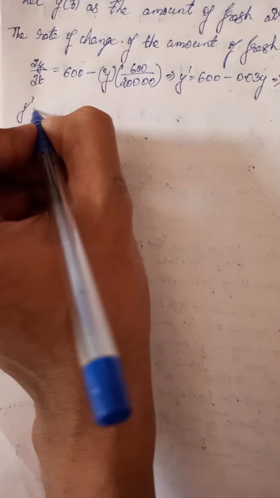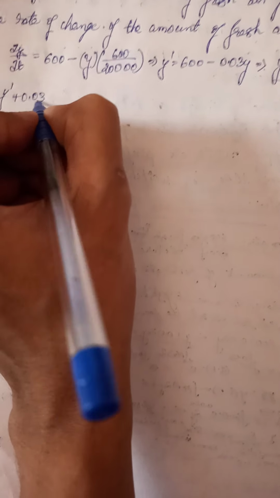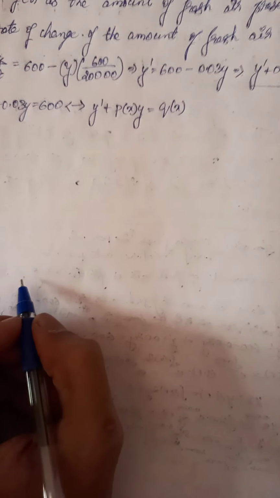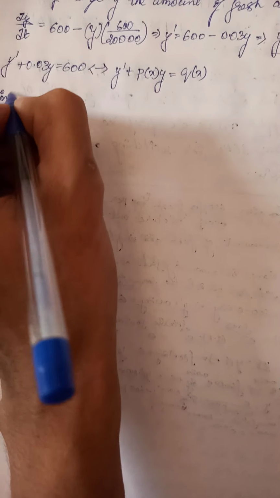As we can see, this equation y dash plus 0.03y equals 600 is in the form of y dash plus p of x into y equals q of x. Any differential equation of this form can be solved by finding the integrating factor.